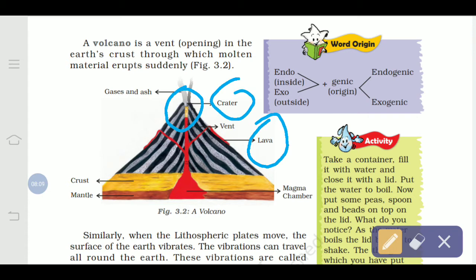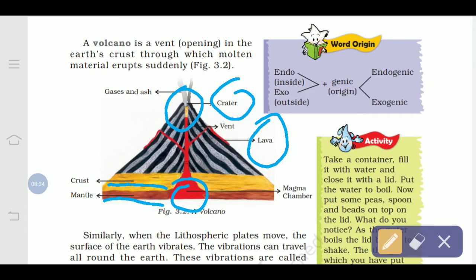And what is erupting out of the volcanic mountain is not only lava but also gases as well as ash, because everything is burning, so ash is also erupting out. This is the base, that is crust, and here it is mantle, from where you can find the magma chamber.